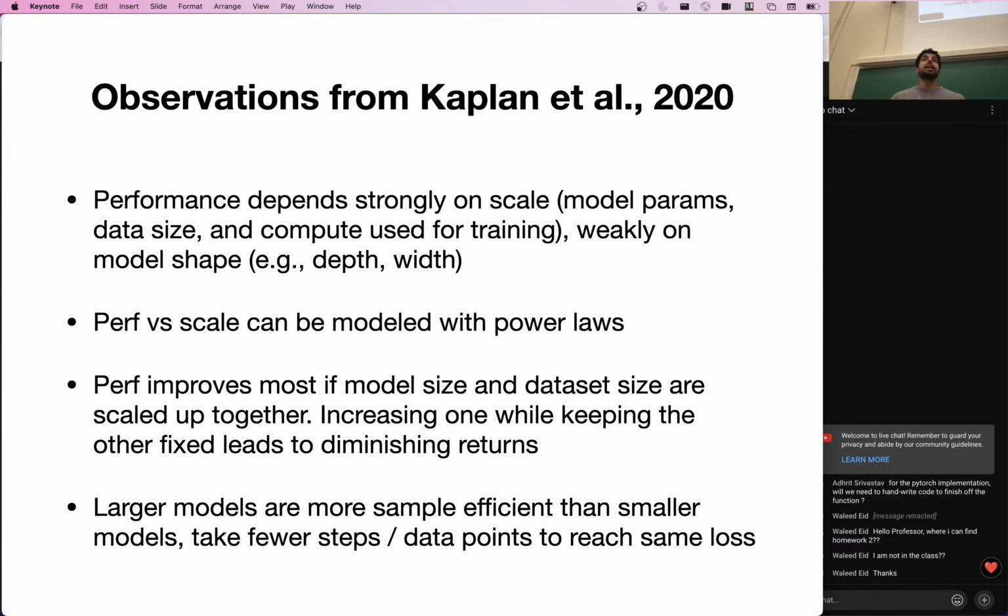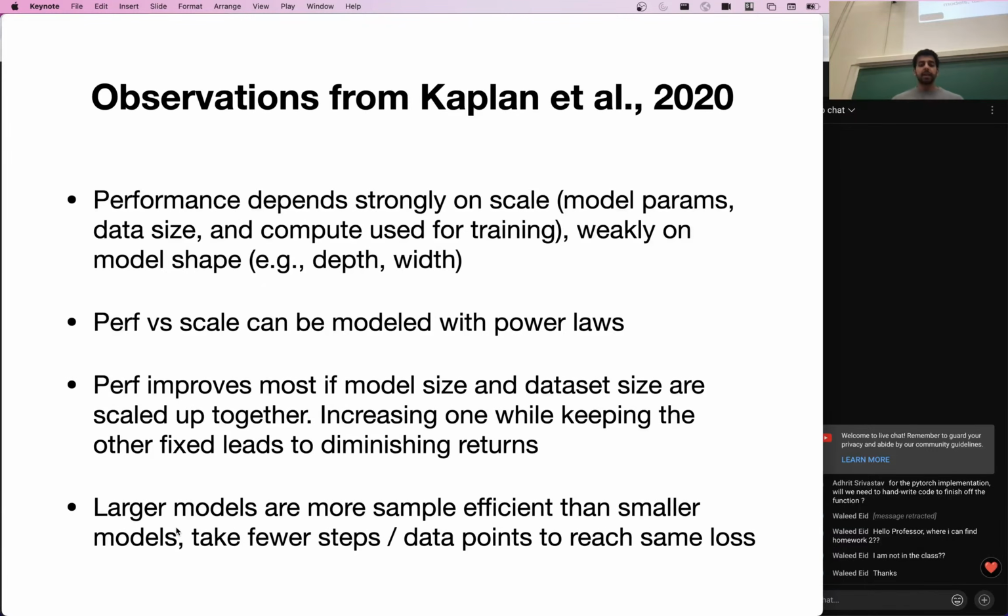But it turns out that data is just as valuable as the model size. So the Chinchilla scaling law basically tells you that you should scale both the model size and the data set size proportionally to each other, like 50-50. You find the best performing model in the middle, so not overvaluing either model size or data set size.